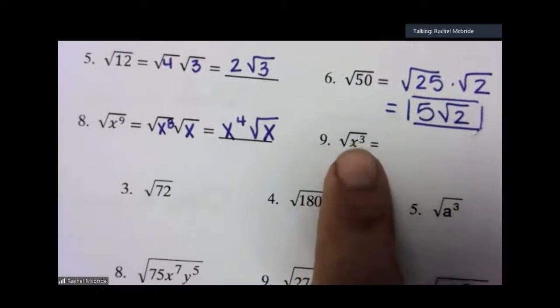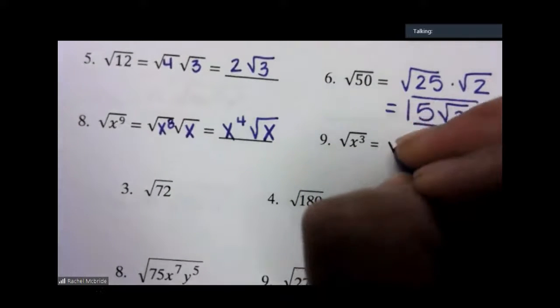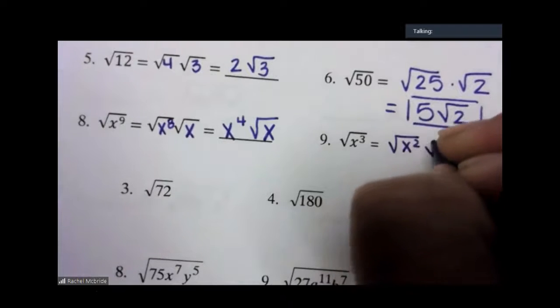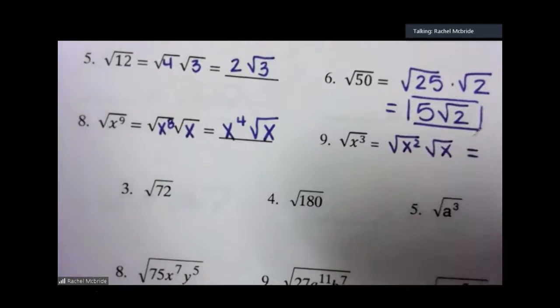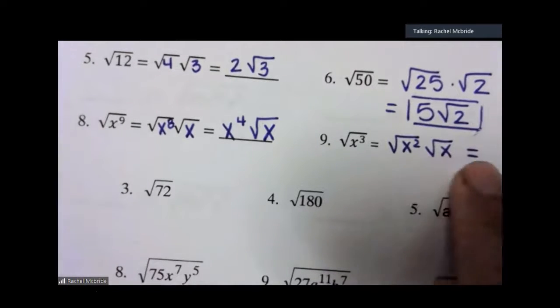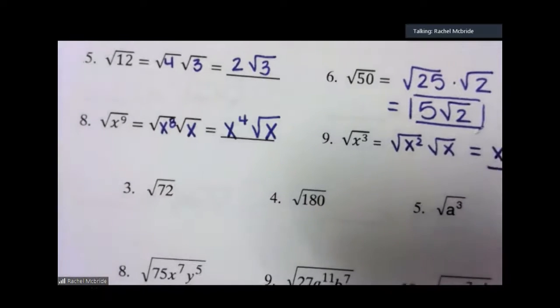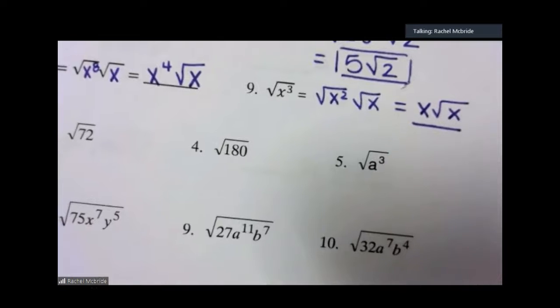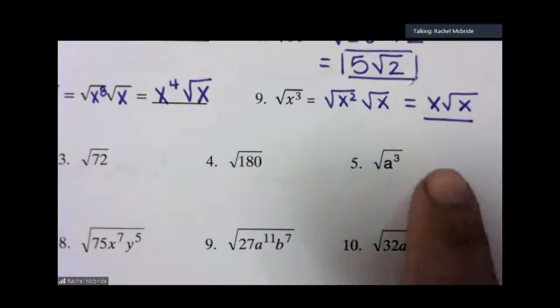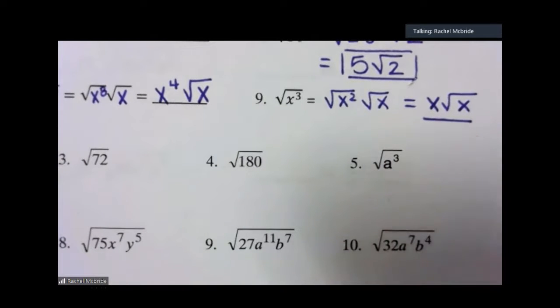Okay, what even is 1 less than 3? It's like x squared and x. Square root of x squared is x, because 2 divided by 2 is 1. Why does this not get an absolute value? Why does that one not have an absolute value?